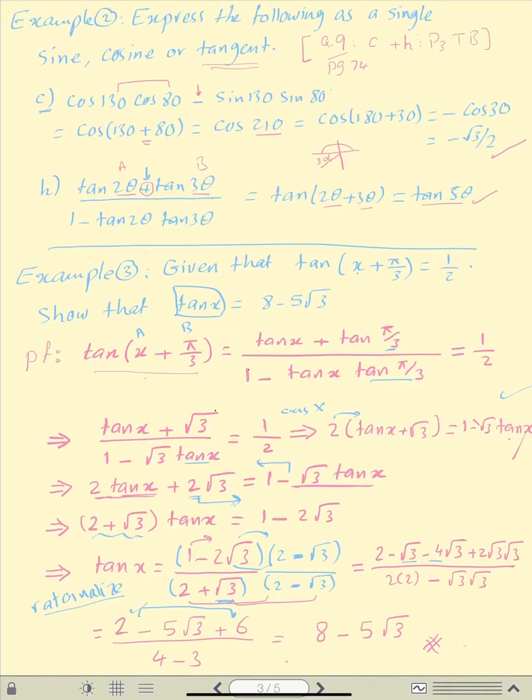Denominator now, common: do you remember difference of two squares? 2 times 2 is 4. Radical 3 times itself is 3. 4 minus 3 is 1. Getting the answer. So 8 minus 5 radical 3 over 1 gives us the result that he wants.